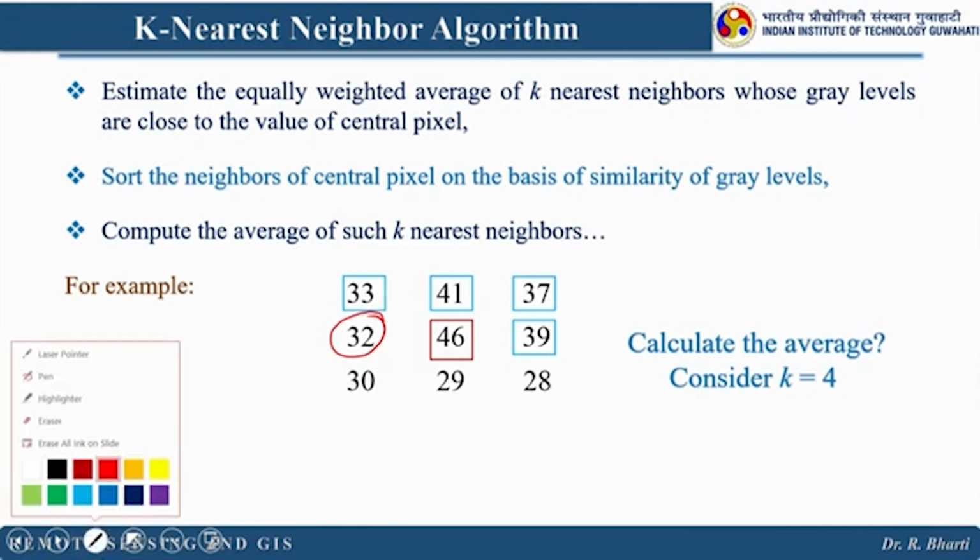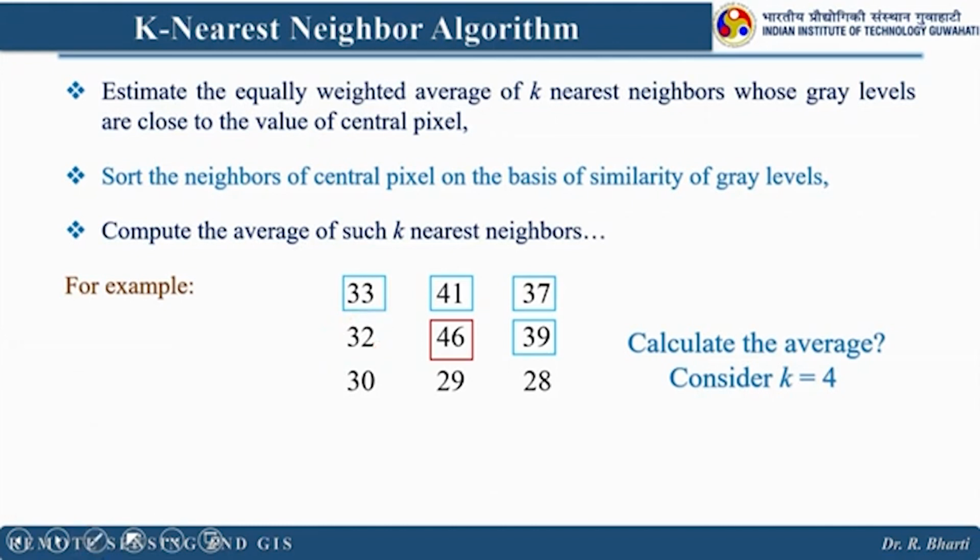So in this case, when we are having K equal to 4, these are the pixels whose gray levels or DN values or brightness values are closer to this central pixel. So the answer will be 39.20, which is approximately 39.